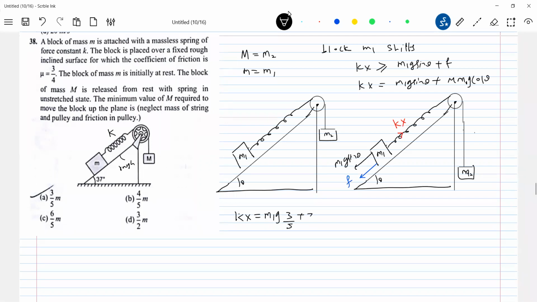Mu is 3/4. M1g cos theta is 4/5. So 3M1g/5 plus 3M1g/5, that is 6M1g/5. Keep it here. So this is the value of Kx.